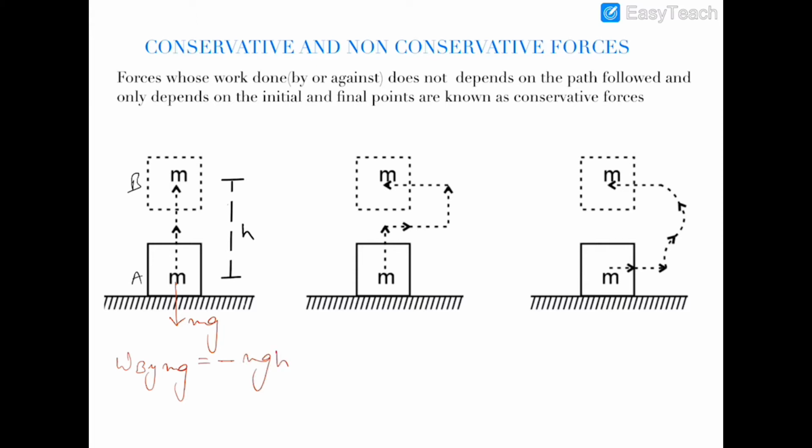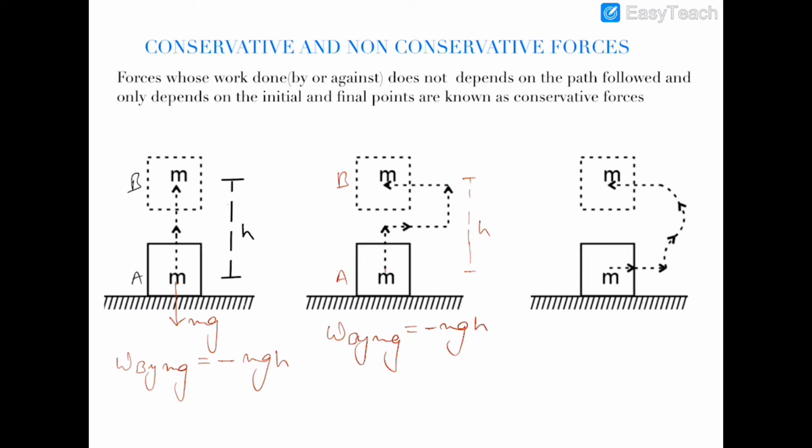mgh in the first case. In this second case I am taking the block along this path shown in the figure. This is not a straight line path, but the height through which I take the block is still h, and therefore the work done by mg is given as minus mgh.